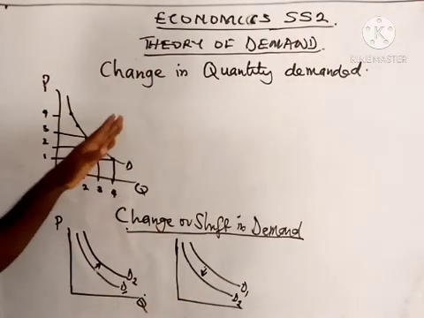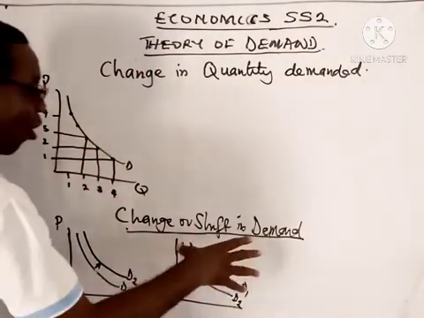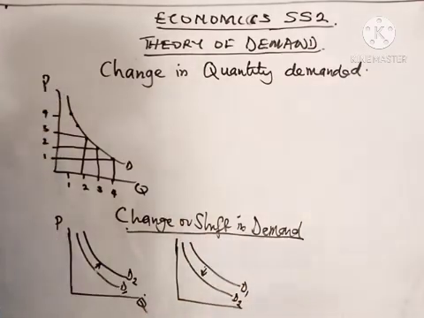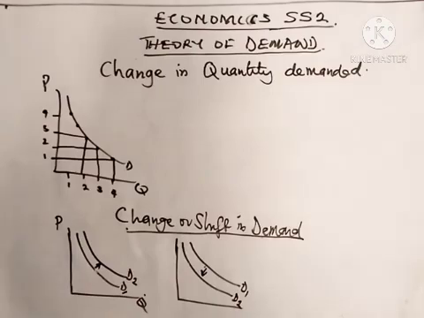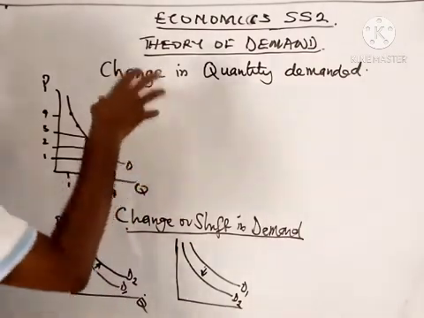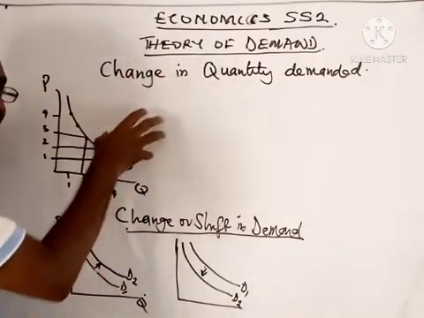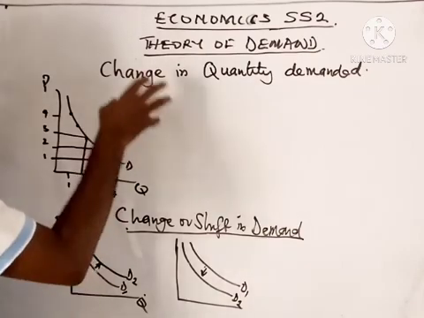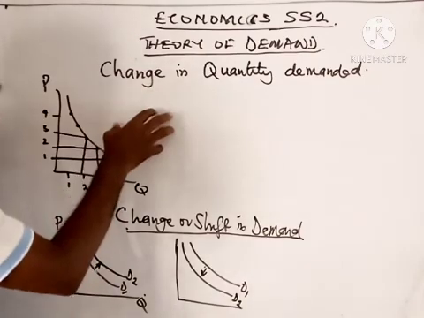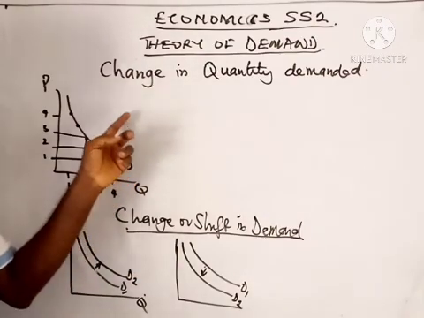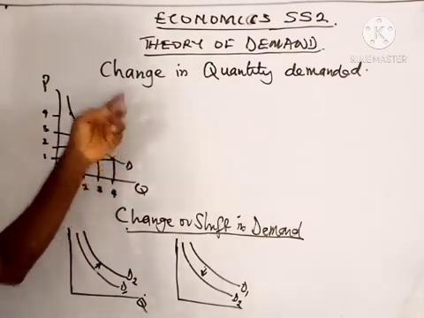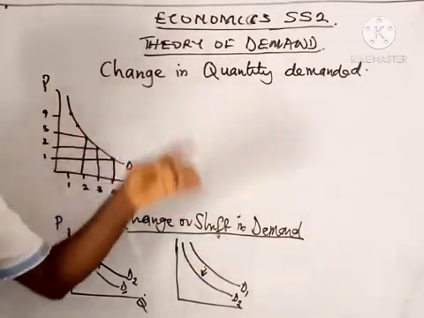And in most cases, this one occurs where you have alternatives and where your taste can easily change. But when it comes to this place, most of the commodities that fall in this category are commodities that don't have alternatives, or as a result of our taste, you don't want to change your taste so that you don't look inferior. Because our demand sometimes depends on our status.